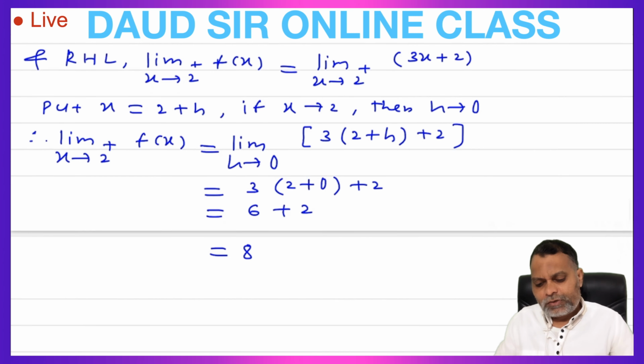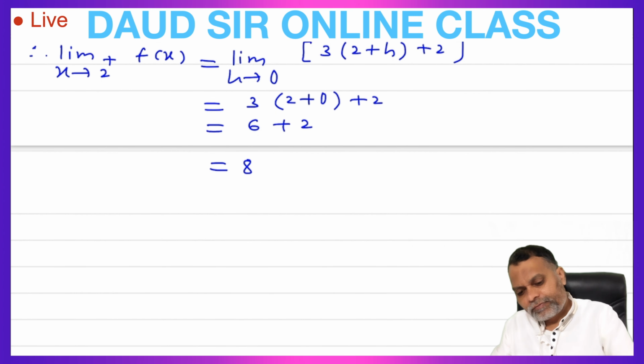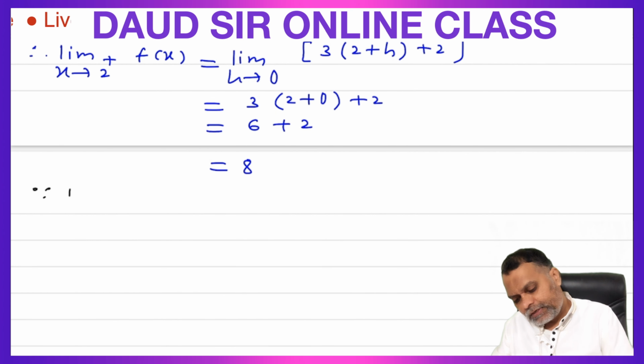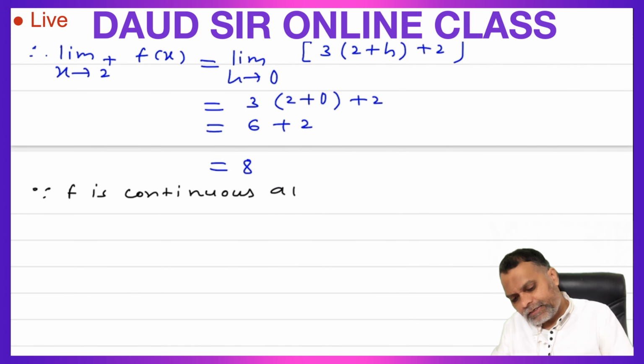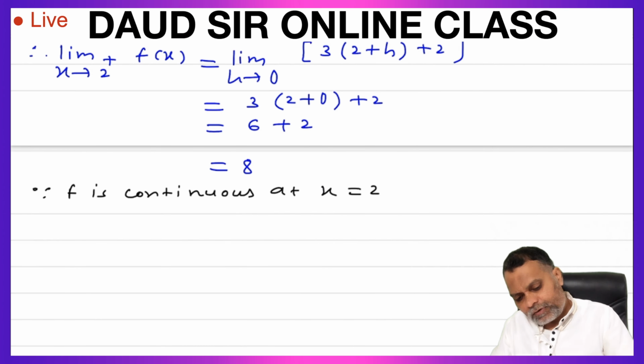So since f is continuous at x is equal to 2 and 2 belongs to 0 to 8.